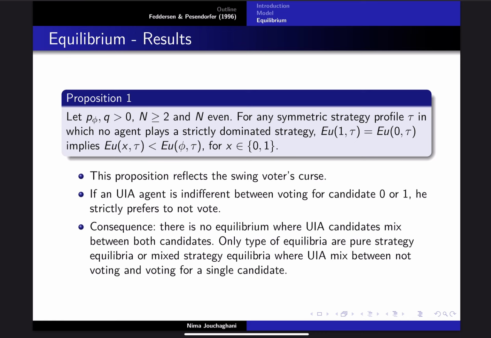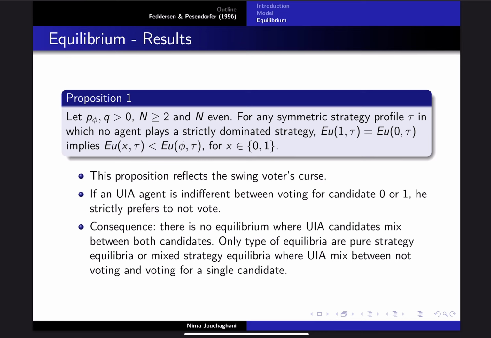So let the expected amount of agents who are not elected be strictly positive, and at the same time, let's assume that there are some informed agents. So Q strictly larger than 0 refers to the probability of some of the independent agents being informed is strictly larger than 0. Let's assume that there are at least two agents, and let's say n is even. This is also without loss of generality here.